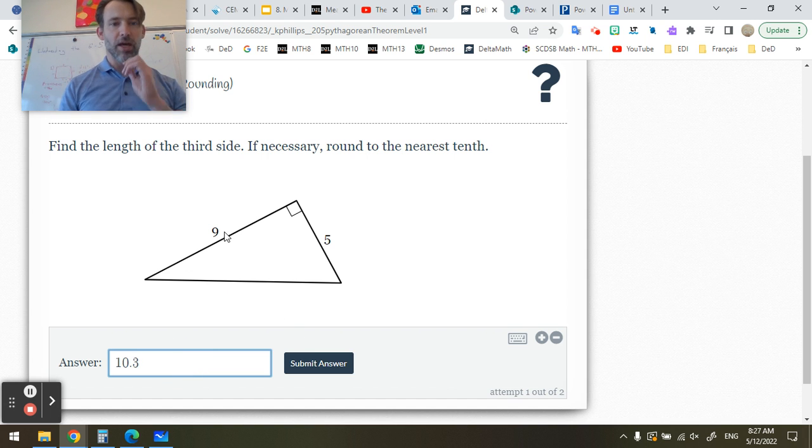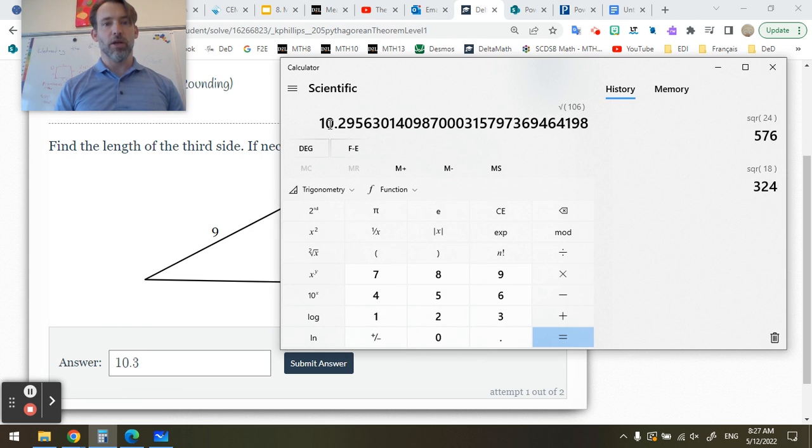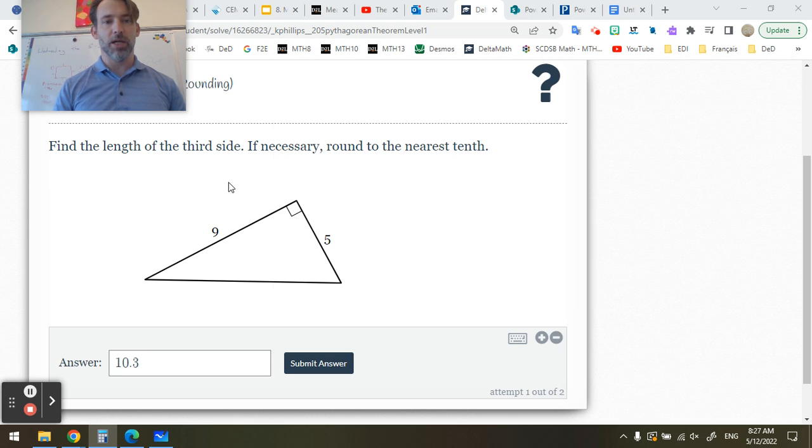Okay, so how did I do that? 9 squared plus 5 squared should give me the length of the unknown side squared. So I did 81 plus 25, which gives me 106. And then I take the square root of that, which is 10.29563, and so on. And then what am I asked to do? Round to the nearest tenth.